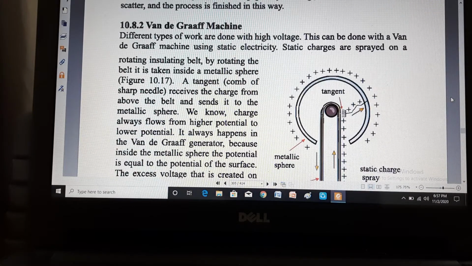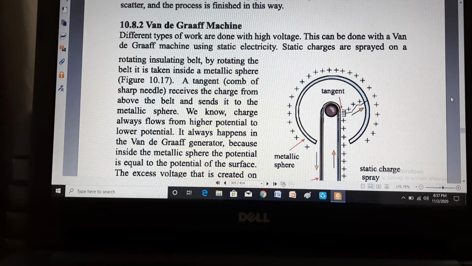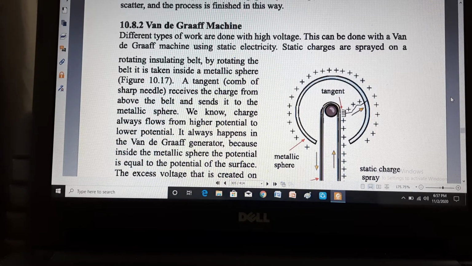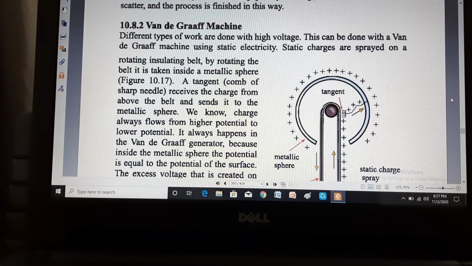Different types of work are done with high voltage. This can be done with a Van der Graaff machine using static electricity. Static charges are spread on a rotating insulating belt. By rotating the belt, it is taken inside a metallic sphere.